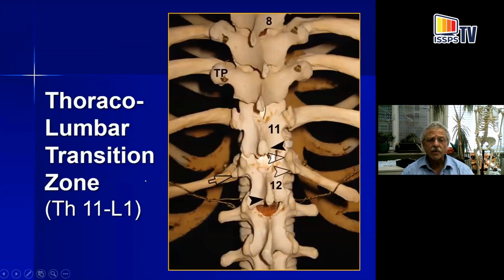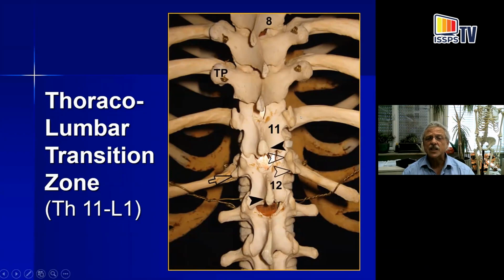And the thoracolumbar transition zone is important. If you see TH11, 12, and this would be lumbar vertebra 1, you see the opening, that means the access to our vertebral canal is pretty okay. It's very much comparable to the lumbar spine per se. So that's a good thing to get the knowledge about this.